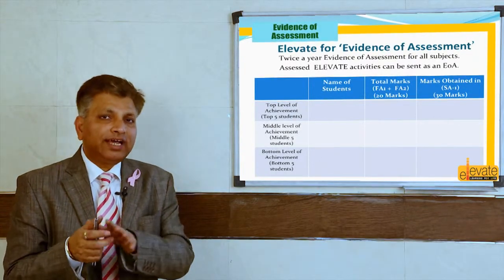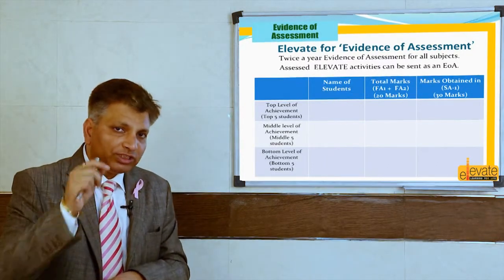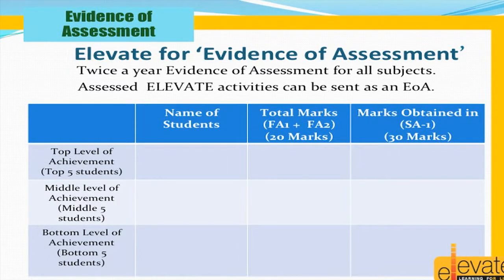Once you are asked for the assessment evidence, you send those worksheets to the CBSE officials in the manner they ask for. You have to arrange the students in decreasing order of marks obtained, say 90, 80, 70, 60, 50, 40, 30, 20, 10.